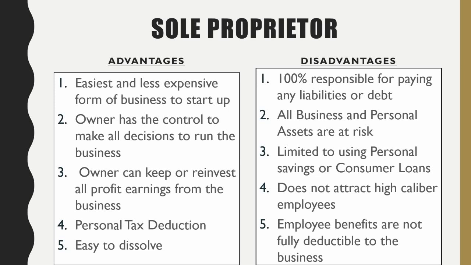Number 4 is the one that everyone loves, which is a personal tax write-off deduction. Yes, because you and the business are one, you can write this business enterprise, whatever you want to call it, organization, off as a personal tax deduction on your own tax. And of course, you have to file a separate tax for the actual business itself.